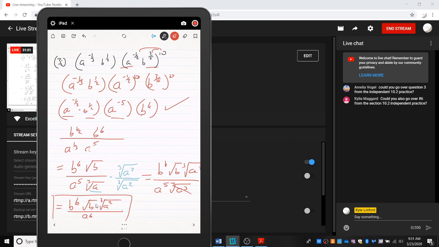But Amelia, or anybody, do you have any questions about how we got to this part, or how we simplified it down? And does anyone have any questions about how, in the answer key, I combined these radicals together? If you do, let me know. I'm happy to go back over that and review the idea of multiplying things of unlike indices.